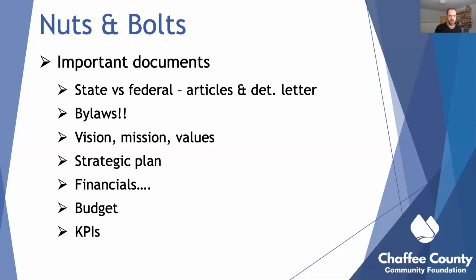The final bullet on here is KPIs, and I refer to these as key performance indicators. So this harkens back to a lot of for-profit terminology that I think is really important for us to start incorporating into our rhythms as nonprofits. We'll talk more about this towards the end, as long as we have time. So it's key performance indicators.